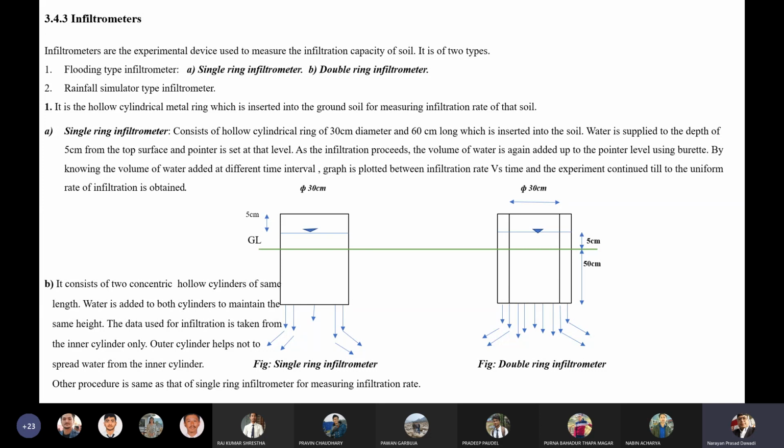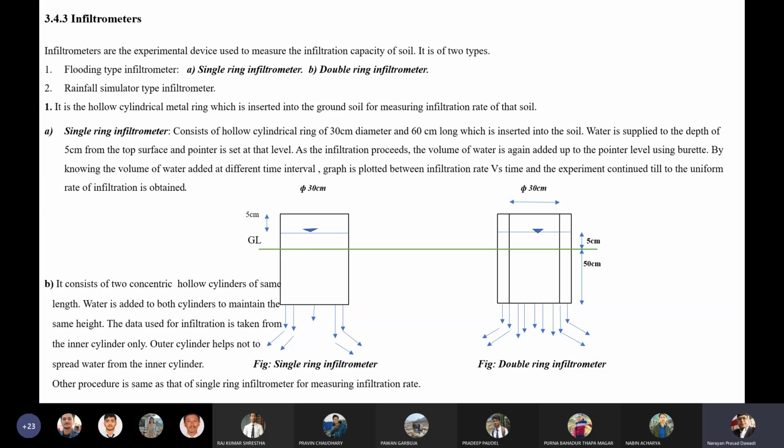Water is added to the inner part of the inner cylinder as well as the outer cylinder, but the infiltration from the inner cylinder is only considered, because the outer cylinder has to provide the water layer that obstructs the spreading of the water towards the outside of the inner cylinder.